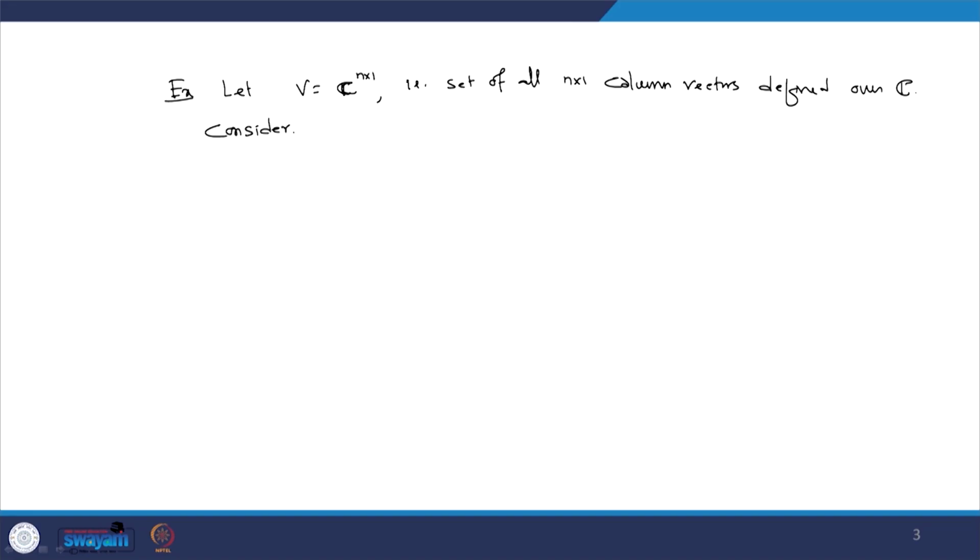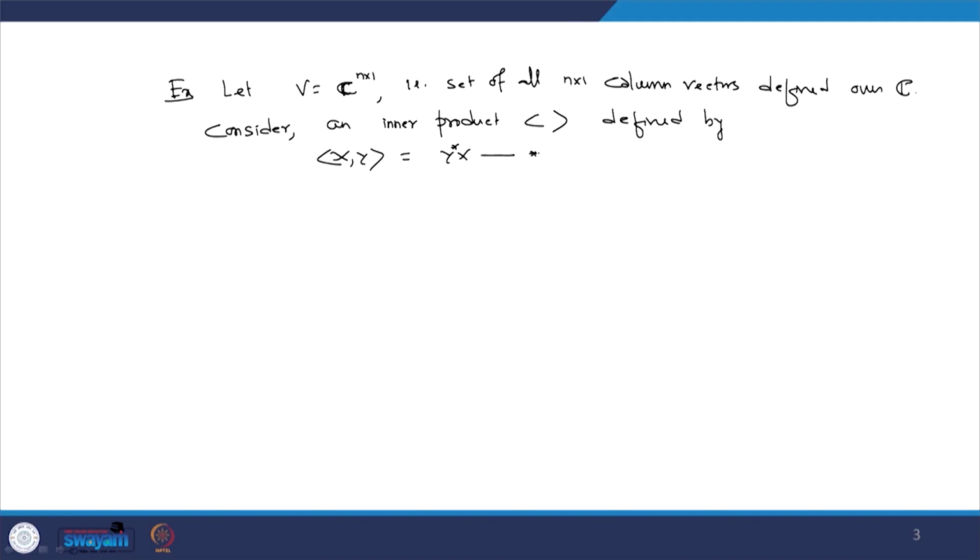Let me consider first V equal to C n cross 1, that is, the space of all n cross 1 column vectors defined over the complex numbers C. Consider an inner product defined by the inner product of any x and y equal to y star x, that is, you take the transpose of y and then the conjugate.